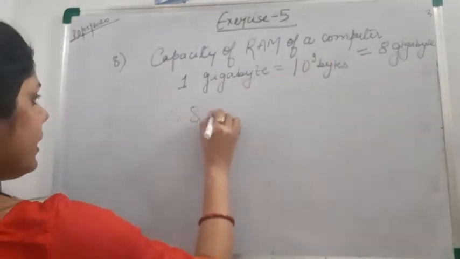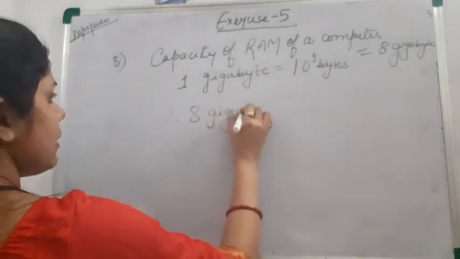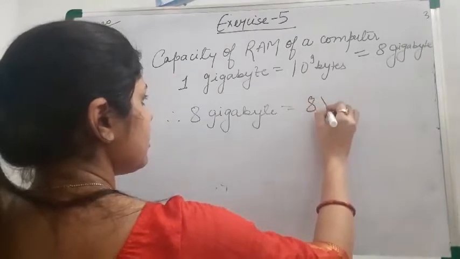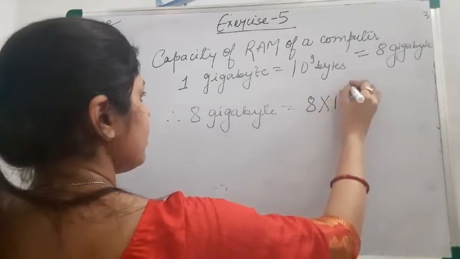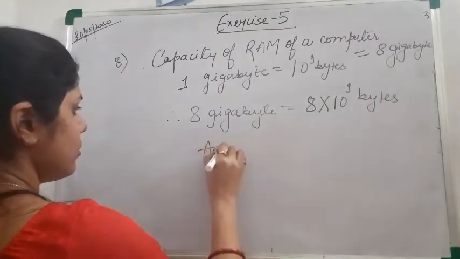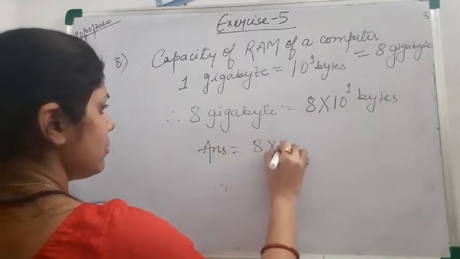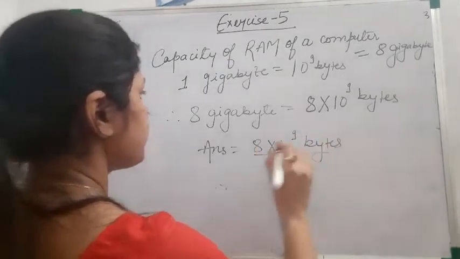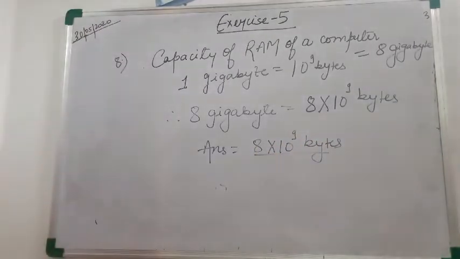Therefore, 8 gigabyte is equal to 8 into 10 to the power of 9 bytes. So, the answer is 8 into 10 to the power of 9 bytes. This is your answer. Fine.